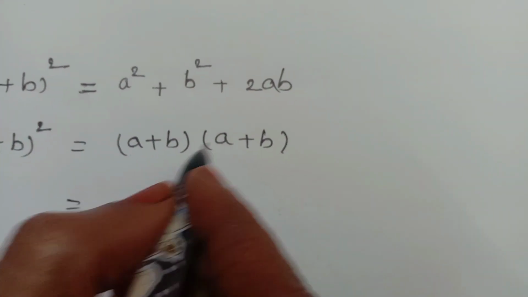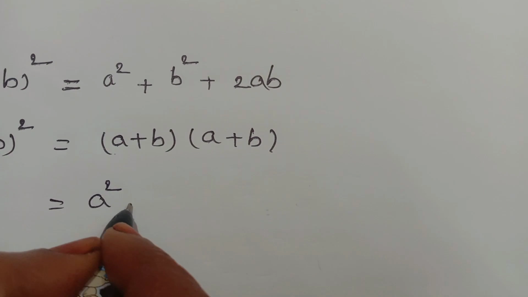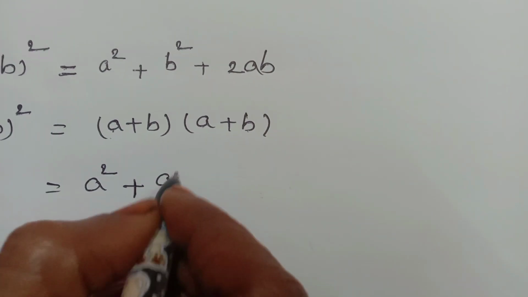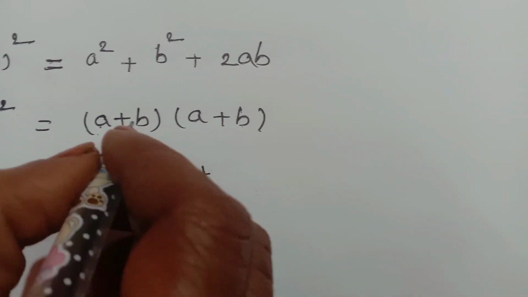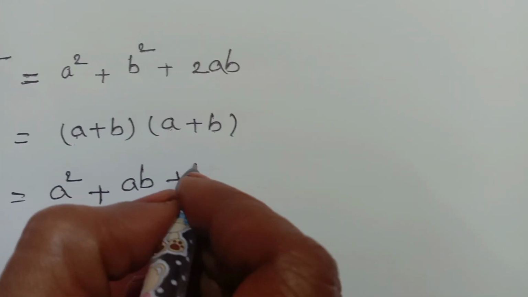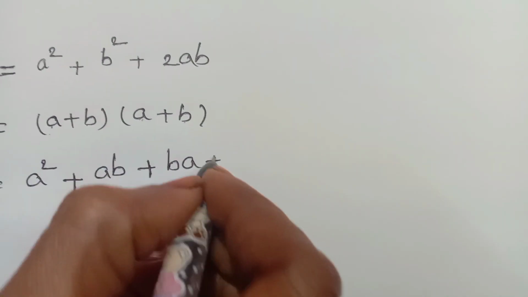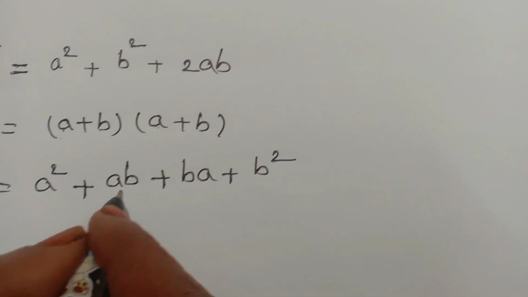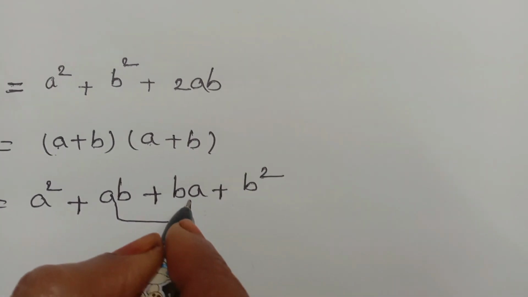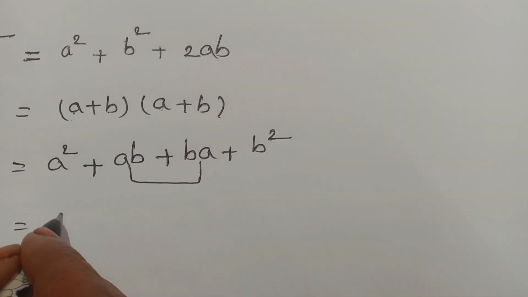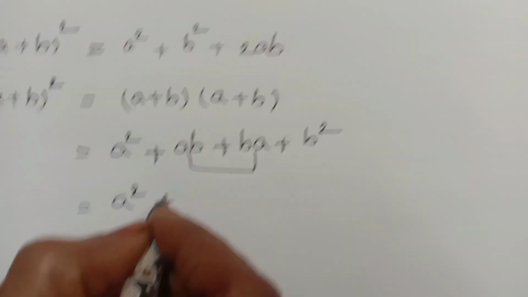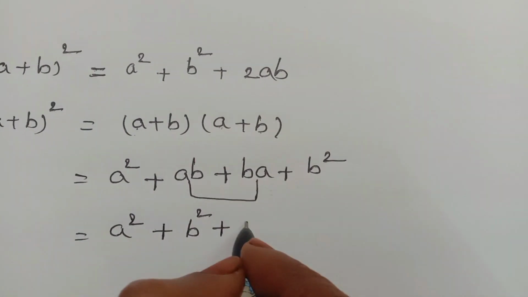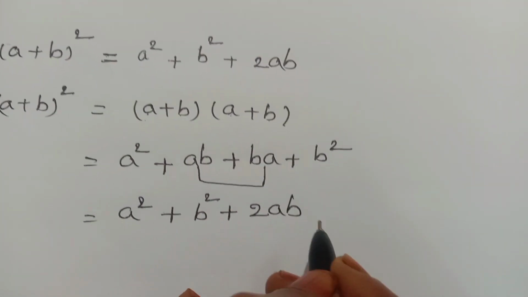A into a is a square, plus a into b, ab, plus b into a, ba, plus b into b, b square. So a square plus b square plus 2ab.